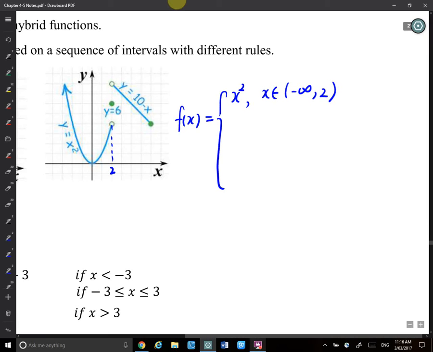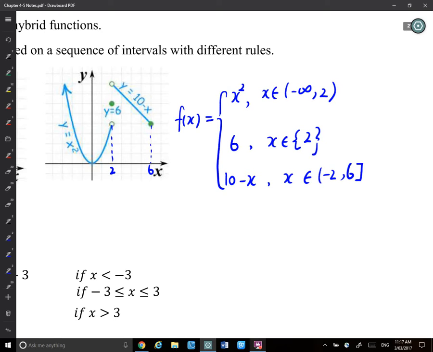The next rule is y equals 6, where x belongs to a single point, which is 2. The next one is 10 minus x, where x belongs to 2 to 6, including the 6. Okay, that's the rule for this hybrid function. It's 3 separate rules with different domains.